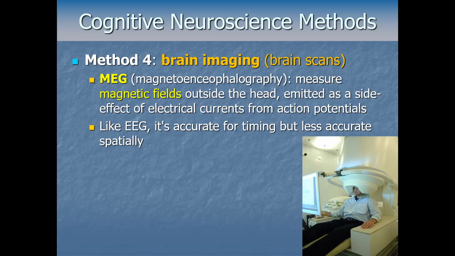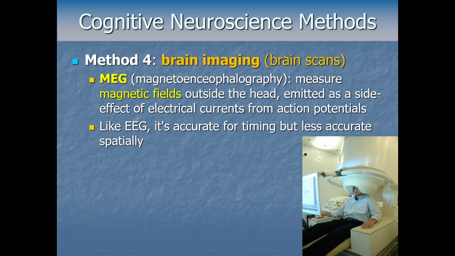Meanwhile, there's MEG, short for magnetoencephalography, which just translates to magnetic brain writing. Basically measuring magnetic fields outside the head using a scanner like you see here in the picture. The reason it makes sense to measure magnetic activity is that electricity and magnetism are tightly linked. That's why you hear terms like the electromagnetic spectrum for light waves, right?